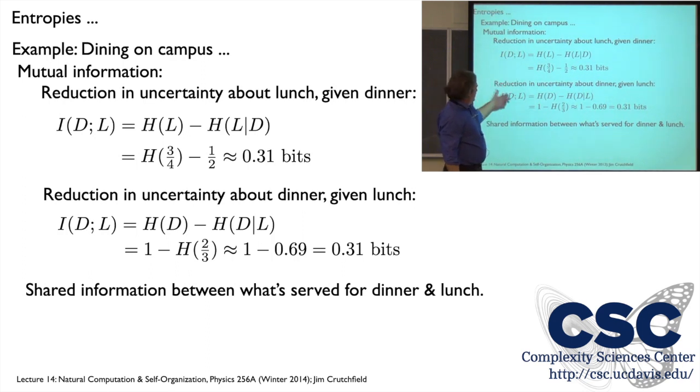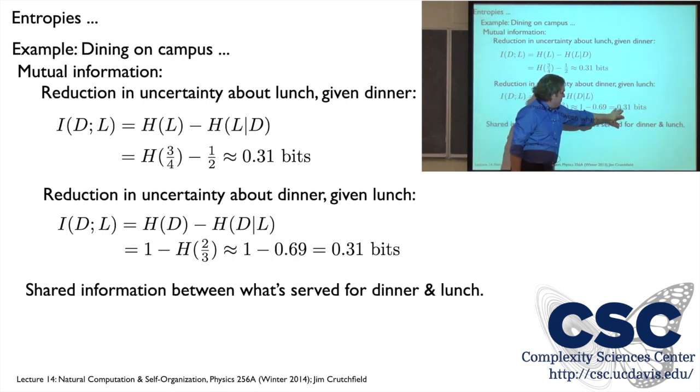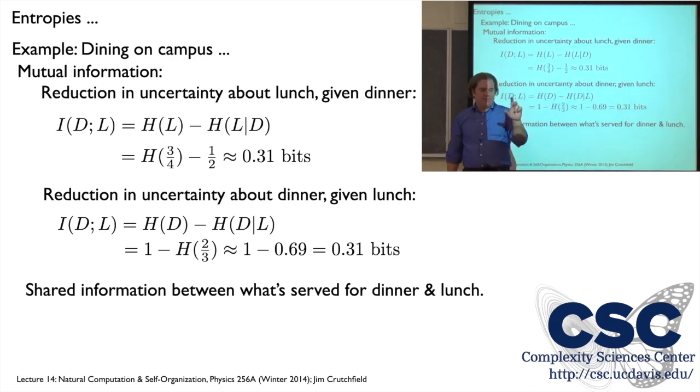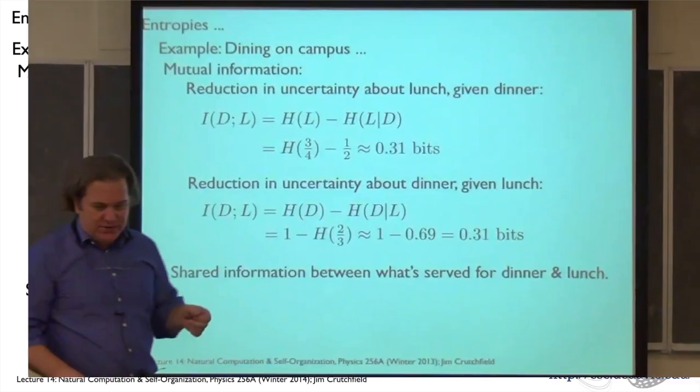The other way around, I can expand this in a different way: the uncertainty in dinner minus the uncertainty in dinner given lunch. Work that out. Different particular numbers, but lo and behold, it's the same. Just demonstrating numerically that it's symmetric in the two random variables. You can permute those. So we have about 0.3 bits shared between dinner and lunch.